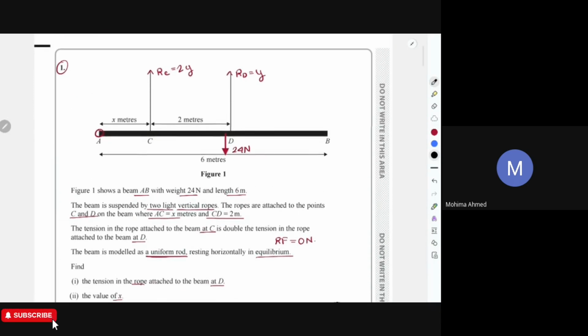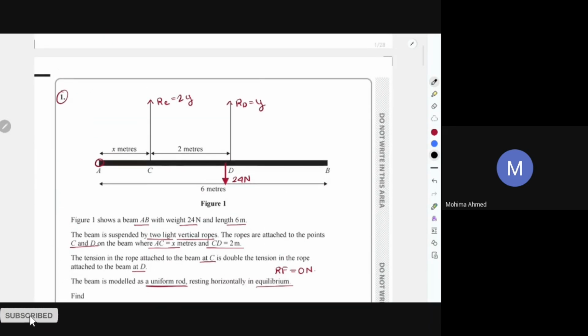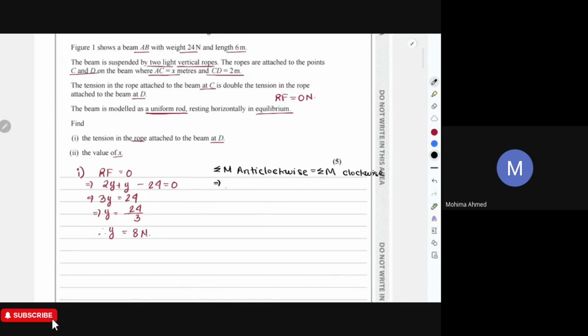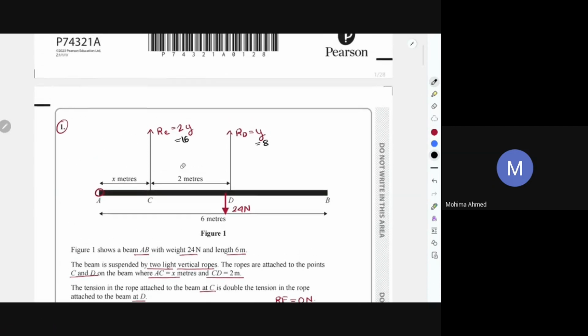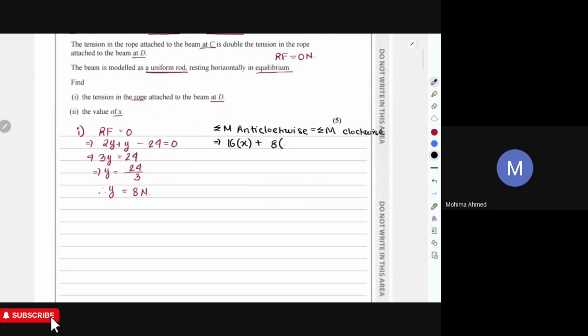So for your anticlockwise, what do you have? Upward, you have this 2y, which is now 16, and this is 8, right? So that 8 multiplied with x. So you have 8x, and sorry, this was actually 16 because this was for C, and for D it was 8. D was actually 2 plus x meters away from A, right? So we can write 2 plus x, and again the weight was 24, exactly at the middle.